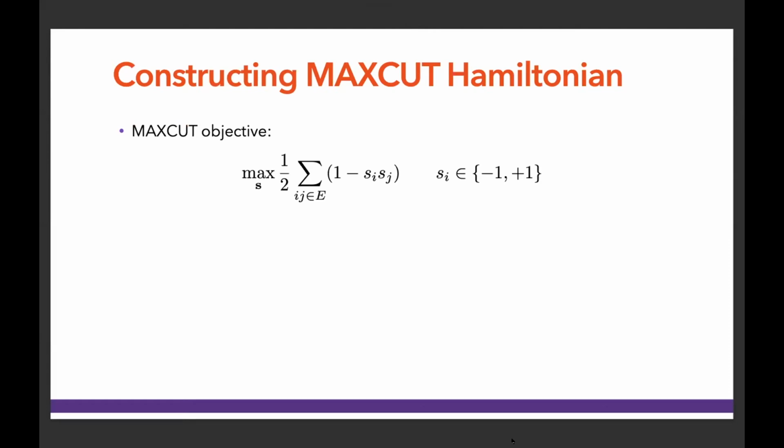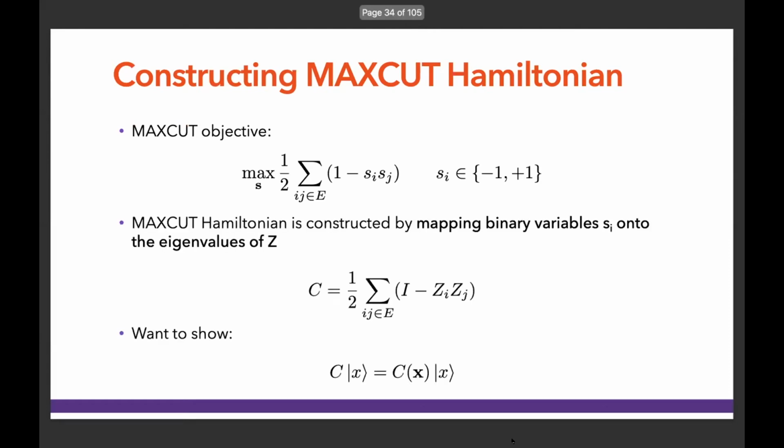Okay, so let's recall our max cut objective again. What we're going to show is that all we need to do is take each binary variable here and replace it with Pauli Z. And this resulting formula will just give us the correct Hamiltonian.